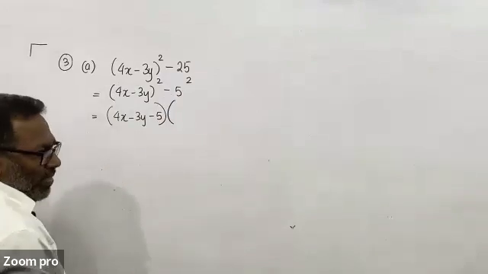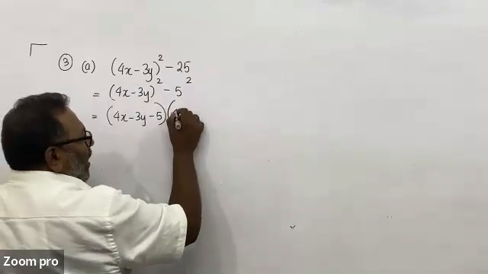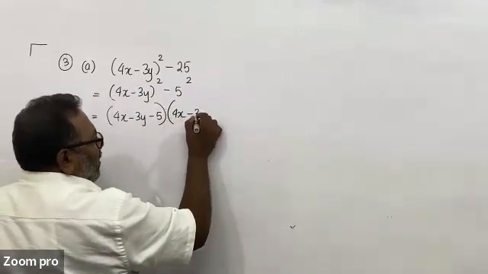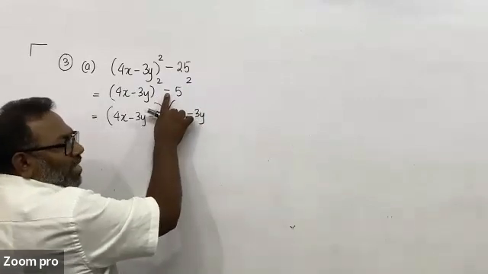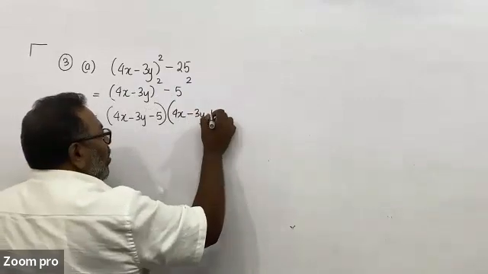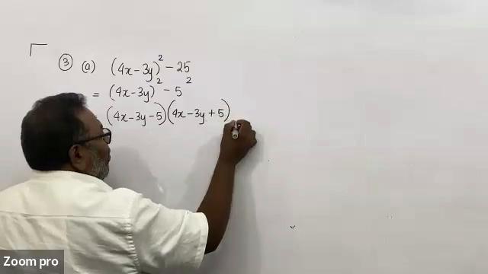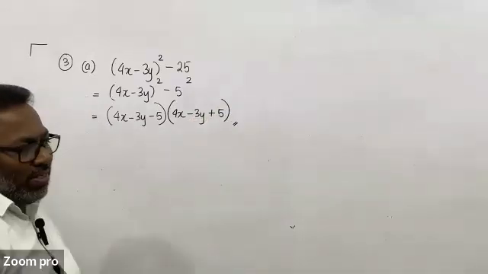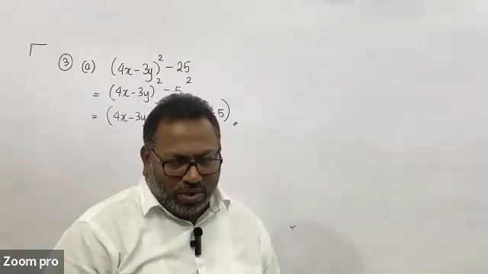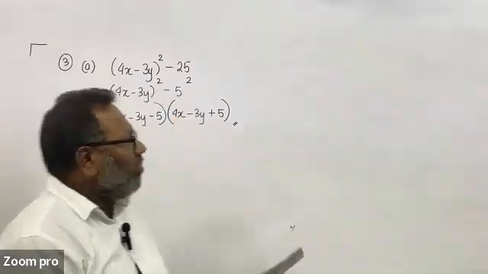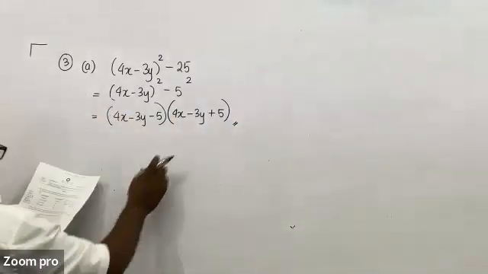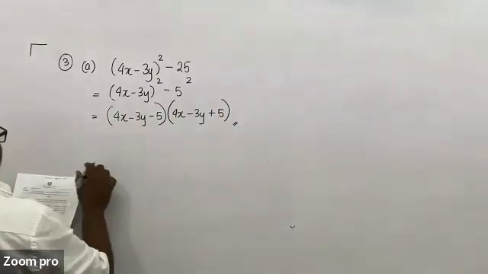Open brackets, the same thing: 4x minus 3y. This time, instead of the minus, you're going to put plus 5, and that's going to be your answer. So that is the A question.